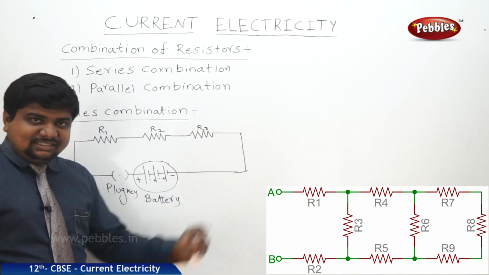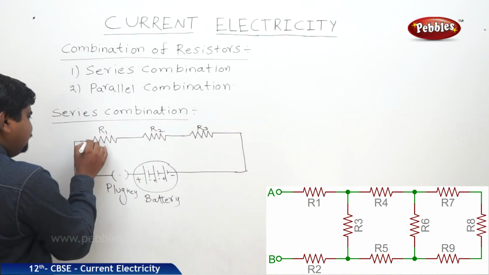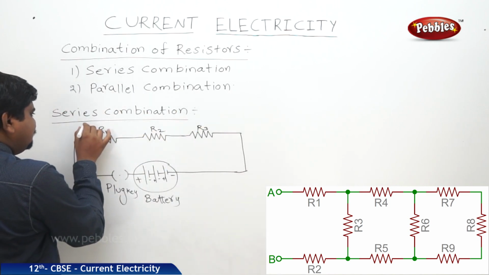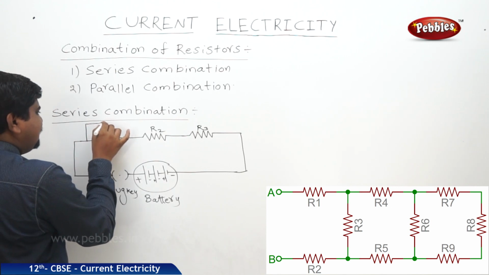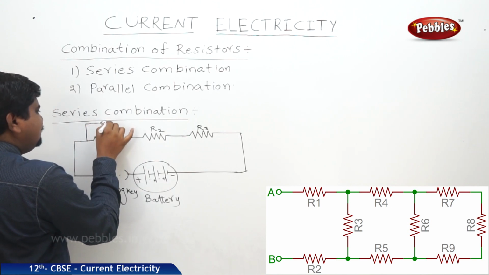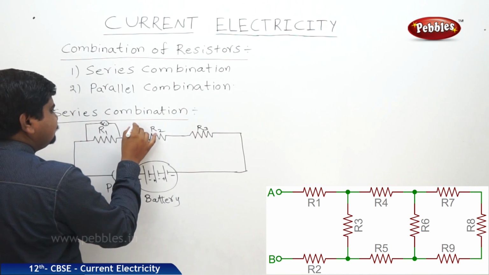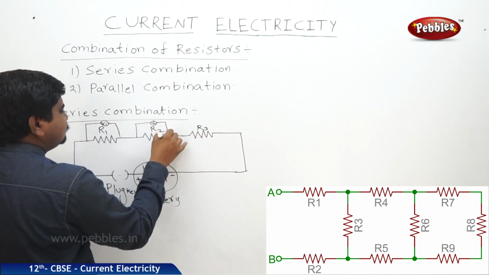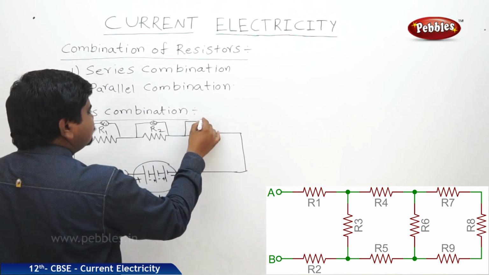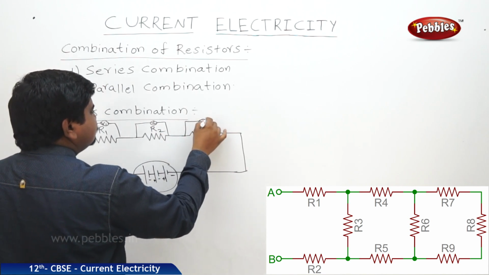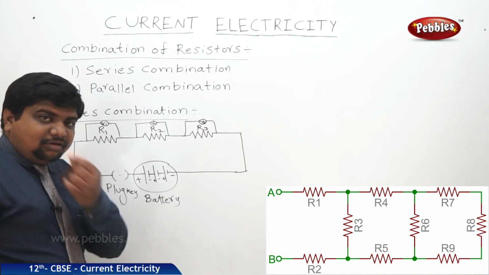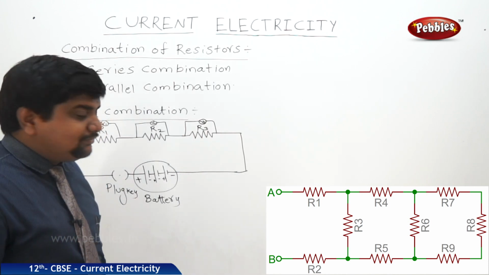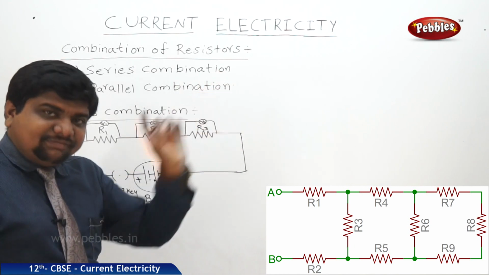That's why it is better to connect a voltmeter across the ends of each resistor. Voltmeter always finds the potential difference across the ends of a given material.